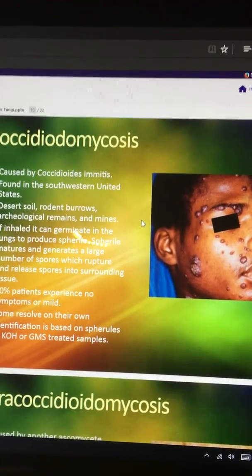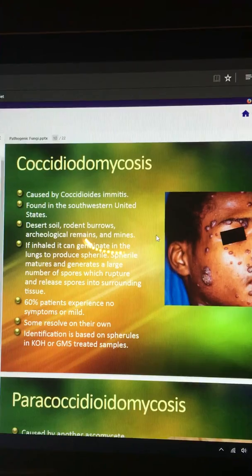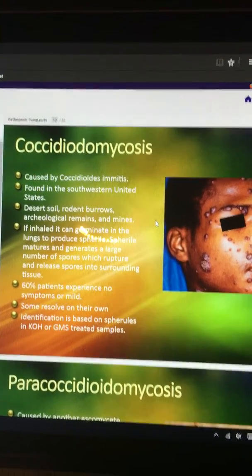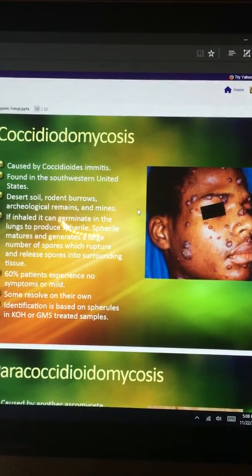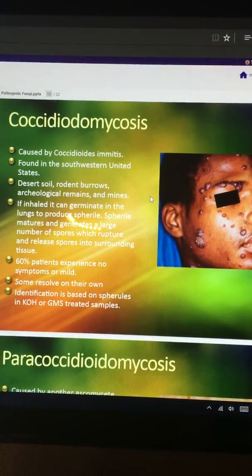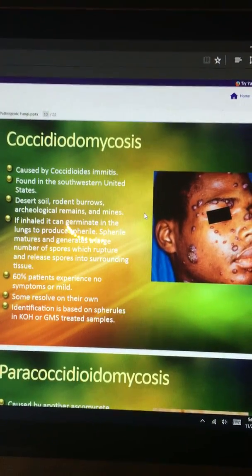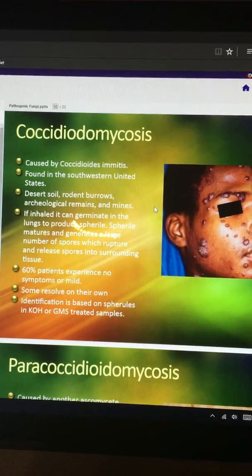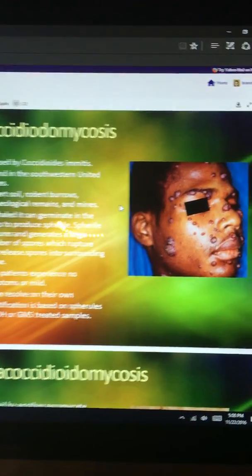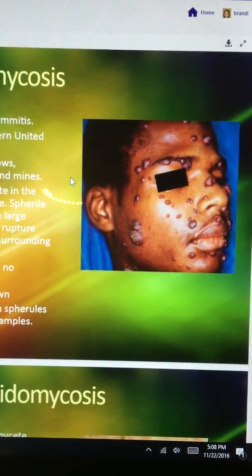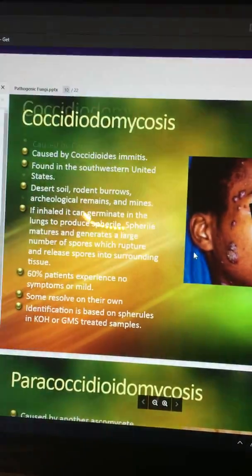If inhaled, it can germinate in the lungs to produce spherules, and the spherule matures and generates a large number of spores, which rupture and release spores into surrounding tissue, such as in the lungs. 60% of patients experience no symptoms or mild ones, and most of those cases resolve on their own. Identification is based on spherules in KOH or GMS treated samples, and this is a picture of somebody who has that. It's like lesions on their face.